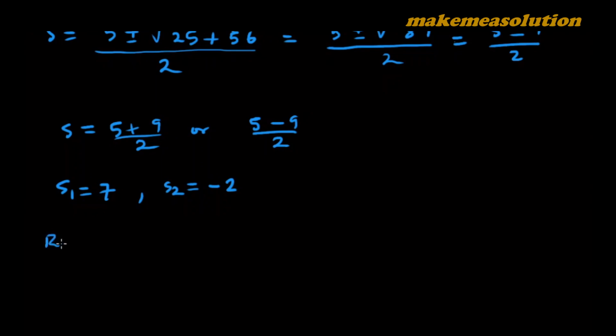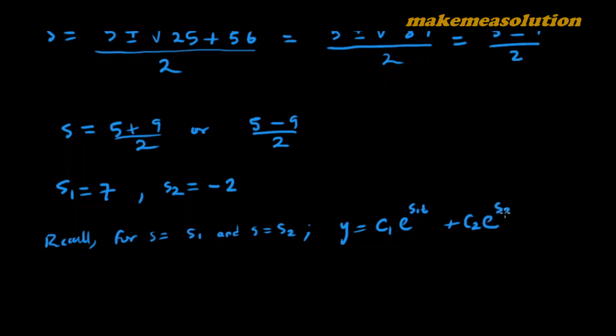You have to recall that for s equal to s1 and s equal to s2, from our characteristic roots, we'll have y equal to c1 exponential s1t plus c2 exponential s2t. So we're just going to plug it into this general formula. So y is equal to c1 exponential 7t plus c2 exponential negative 2t.